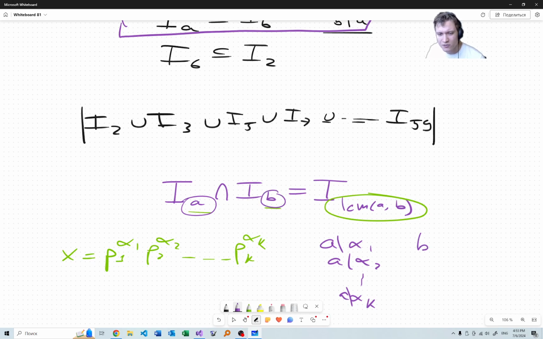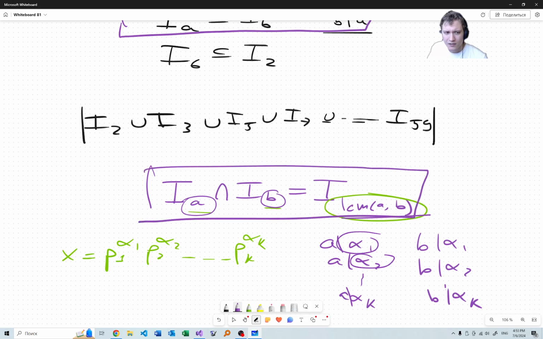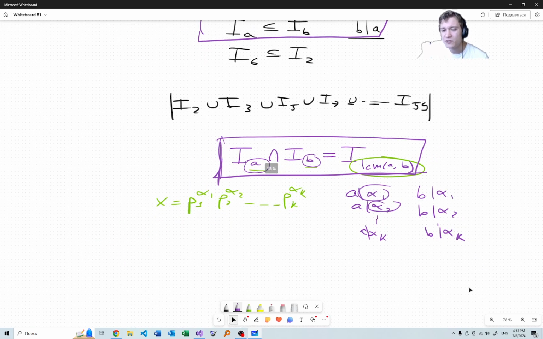It says that B is also a divisor of all these alphas. And this is true if and only if the LCM is a divisor of all these alphas. Therefore, this is true. But this means that we can apply the inclusion-exclusion principle.